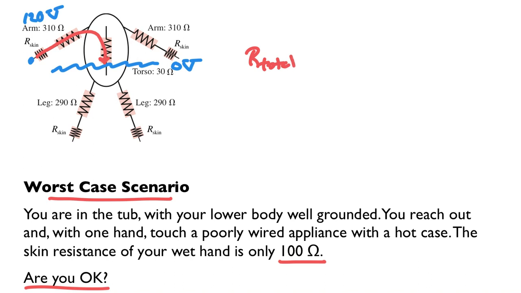It's a series resistance of the skin plus the arm plus the torso. We can compute that value, and then the current that flows is just equal to the potential difference across that resistance divided by the total resistance, and you end up with a current which is pretty scary, and that's something we'll calculate in class.